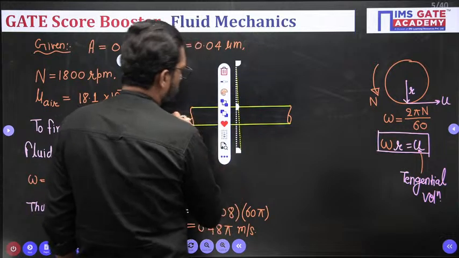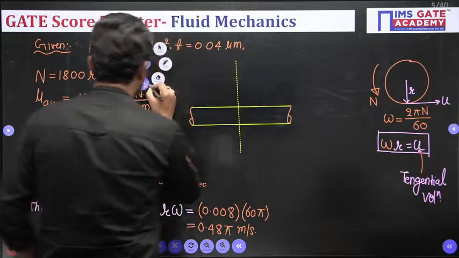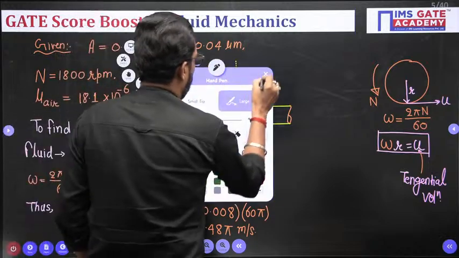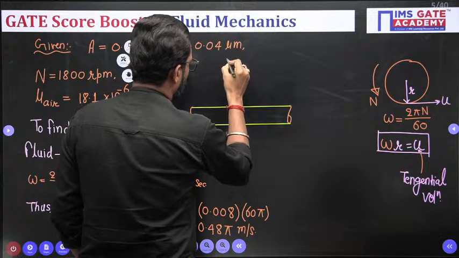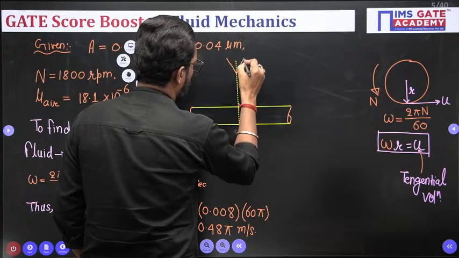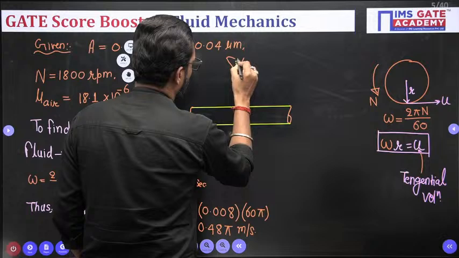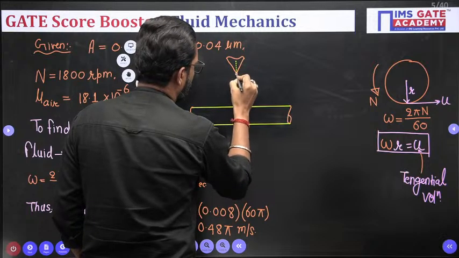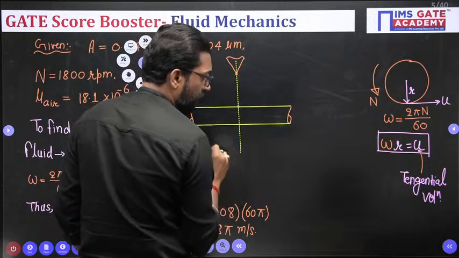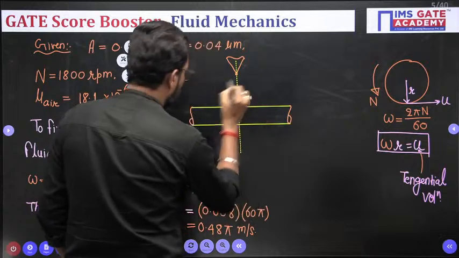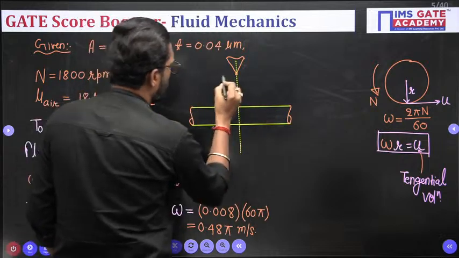Here there is a needle, yes or not? So this is your needle, and from the needle to the surface of the disc, this is your height. What is the height?